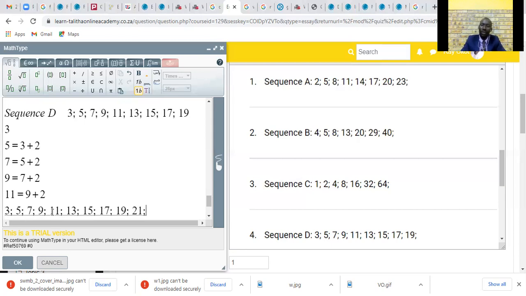Then just add a 2 onto 21 to get what? A 23. Then later, you will add a 2 onto 23 to get a 25. Yes, these are the next 3 numbers.